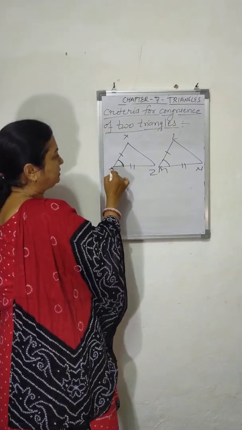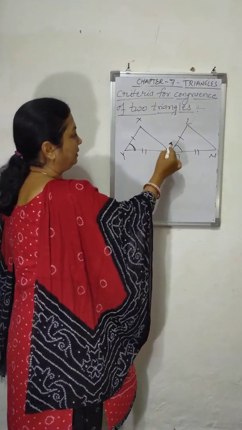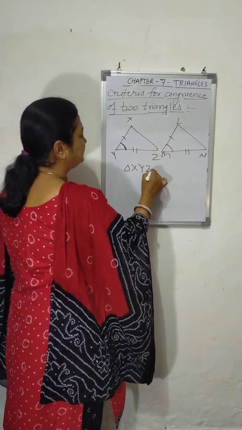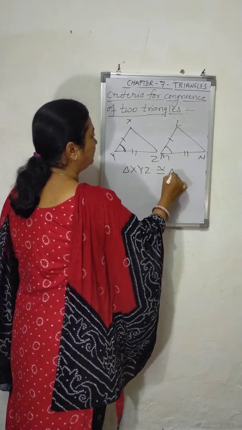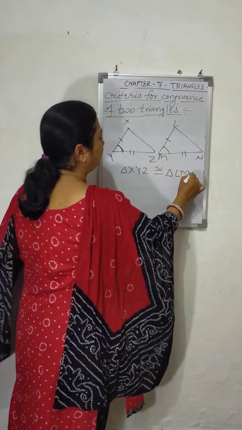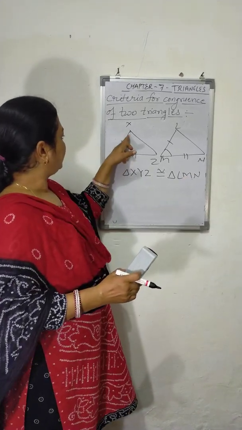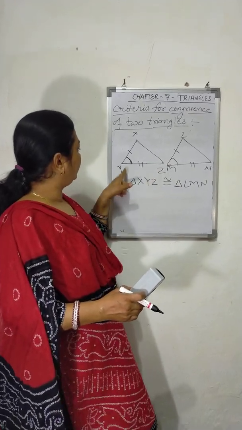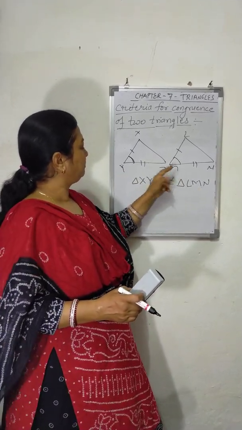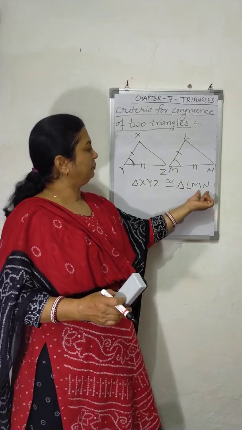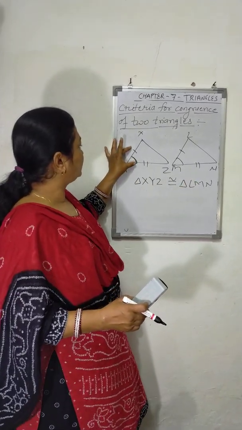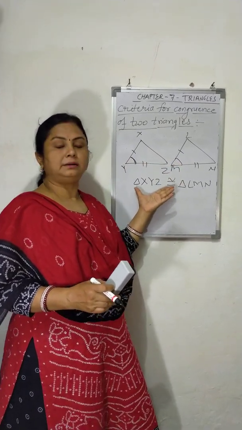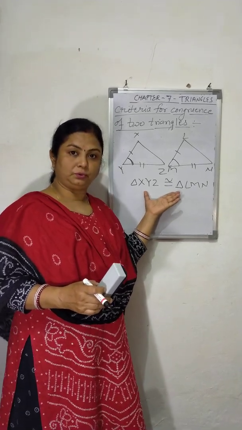The angle which includes both the sides is equal to the corresponding angle. Here we can write triangle XYZ is congruent to triangle LMN. Why? Because XY is equal to LM, angle Y is equal to angle M, and YZ is equal to MN. That is two sides and the included angle. So this way two triangles can be congruent under the SAS congruency rule.